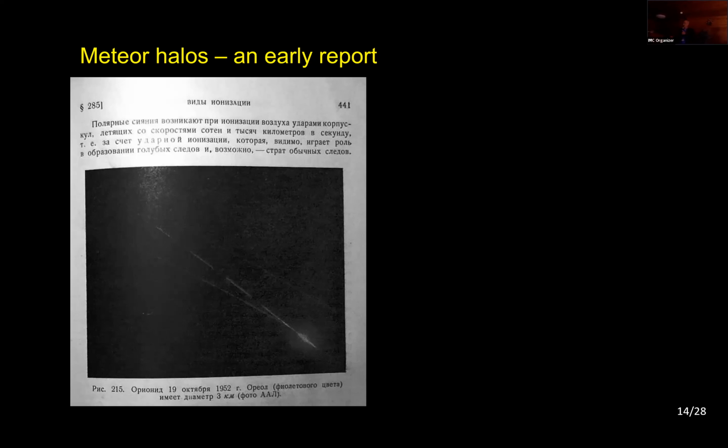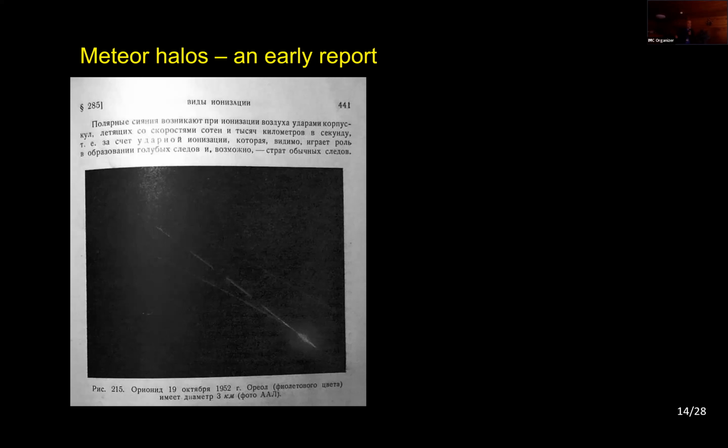Igor Stanislavovich Astapovich published a general book in 1958 and presented this photo of an Orionid from 1952. And he addressed what you can see here in the black and white picture as a so-called violet halo. Keep in mind this color violet.